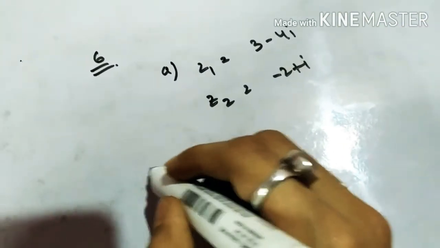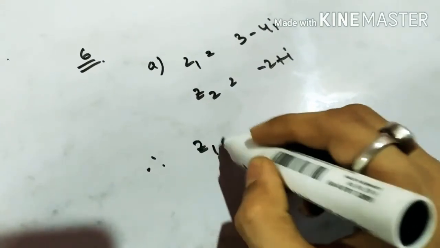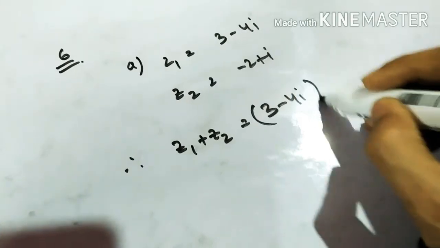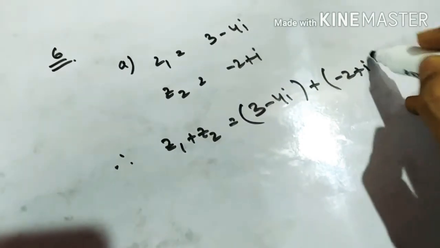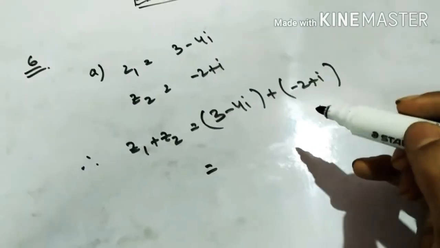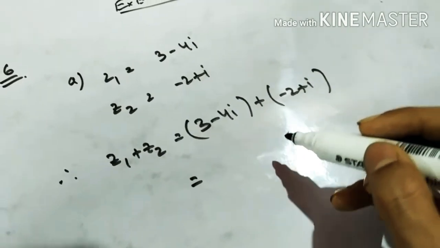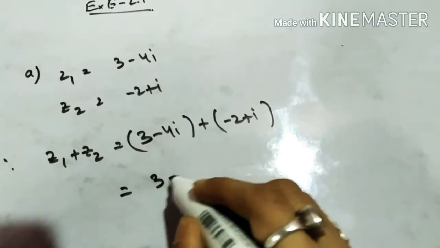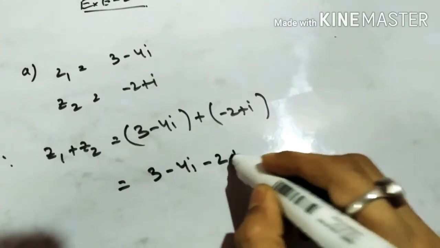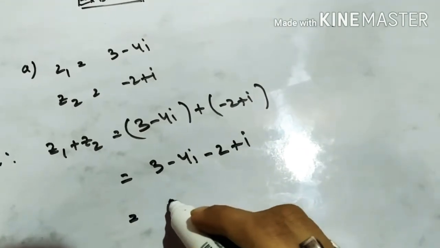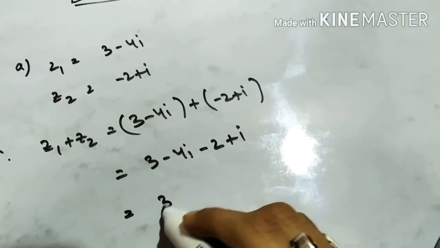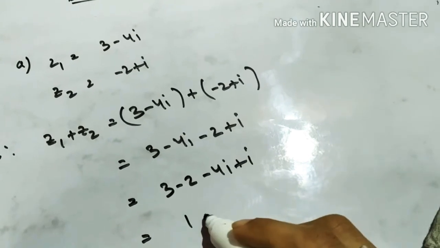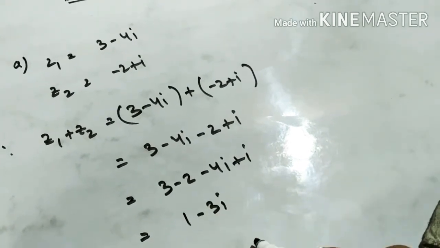I have to find z1 plus z2: 3 minus 4i plus minus 2 plus i. So this I will get as 3 minus 4i minus 2 plus i. So 3 minus 2, minus 4i plus i, 1 minus 3i.